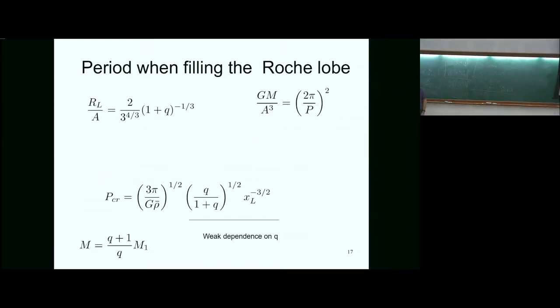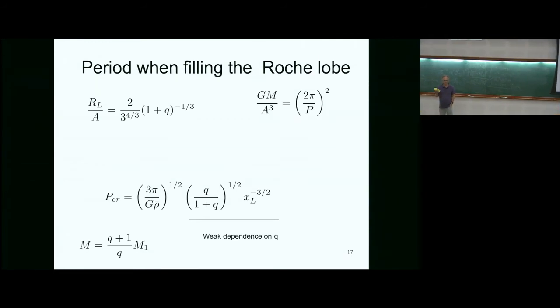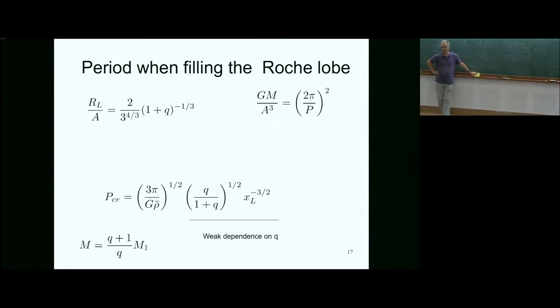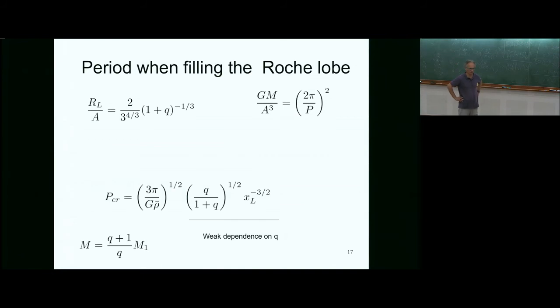So think about the simplest case of what will happen to a system when a star fills its Roche lobe. What will happen to their orbit when you start transferring mass from one component to another? So in the simplest case, when we have a very clean mass transfer episode, how is it going to proceed?